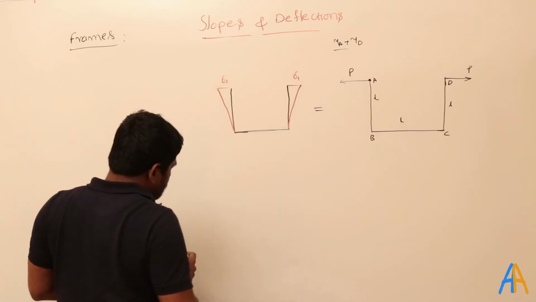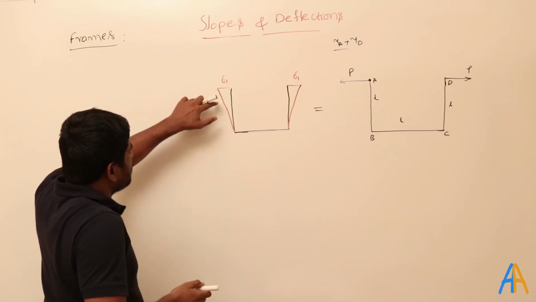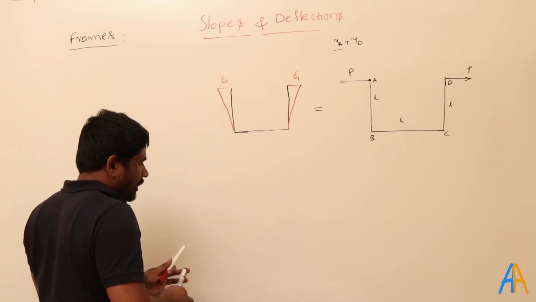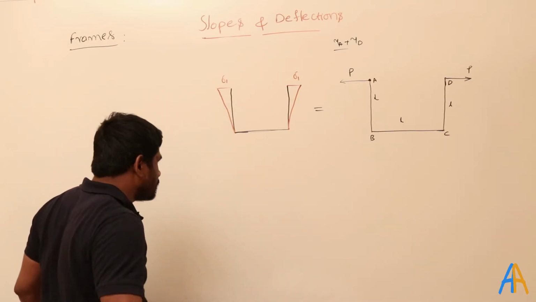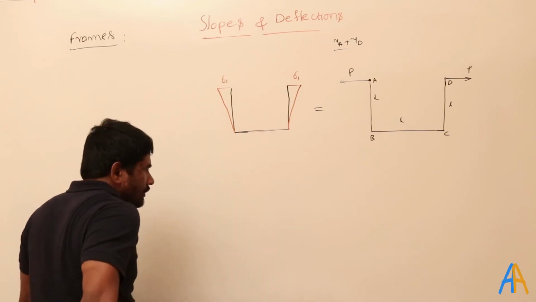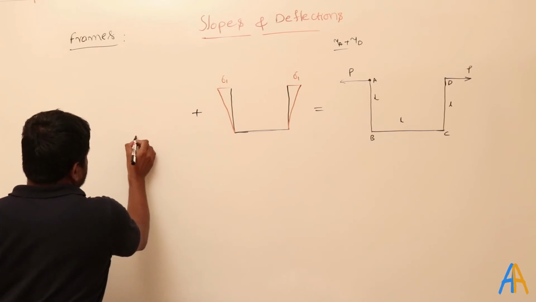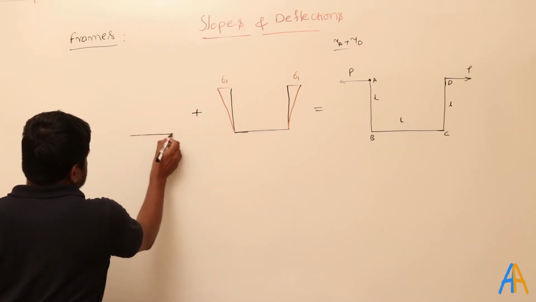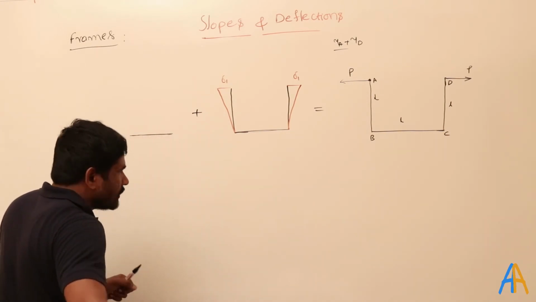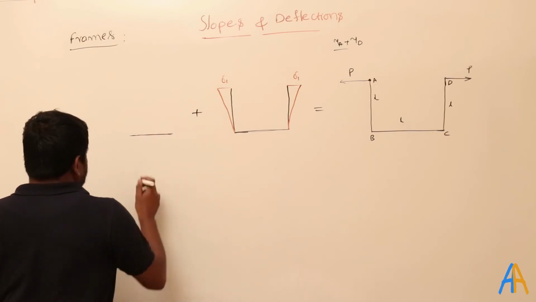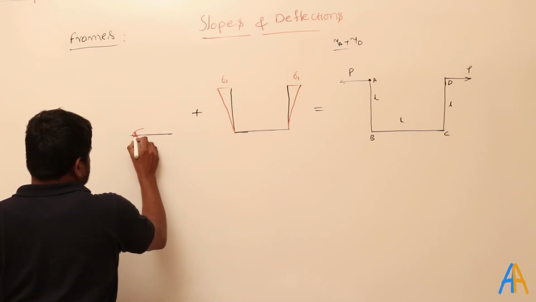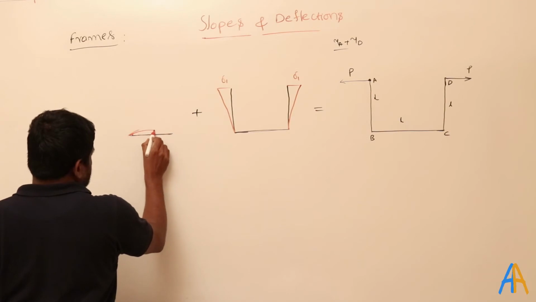Now I will take this as not bending, but only this one is bending, that is, the horizontal is bending. Previously the horizontal was like this, and when it bent, it will become like this. Not that much, it will bend like this.